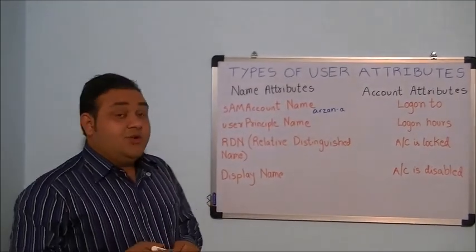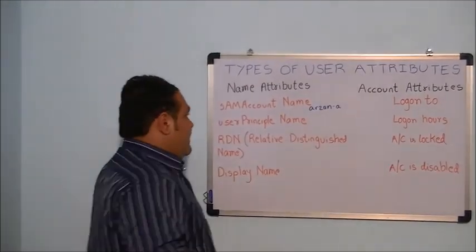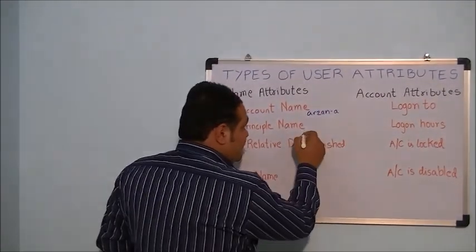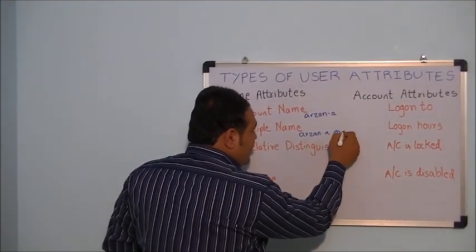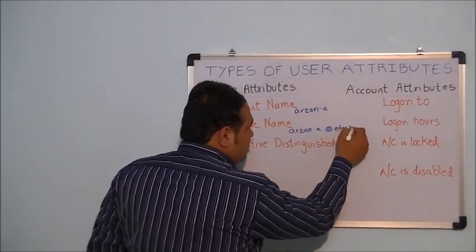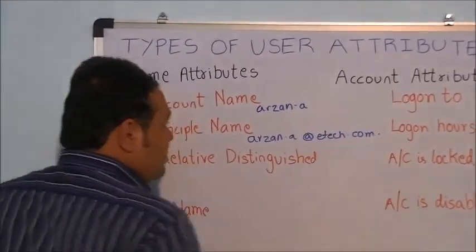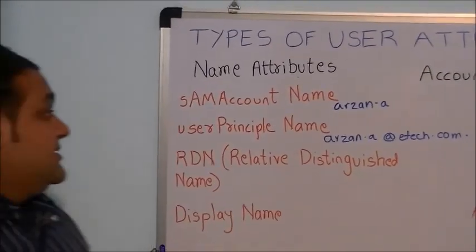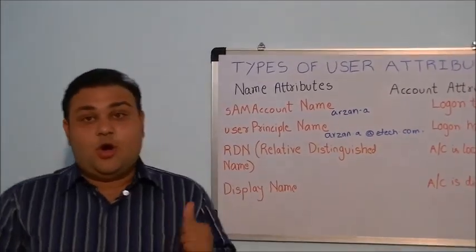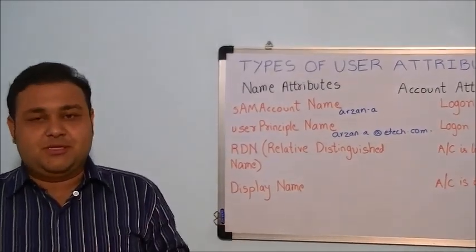So if the name of the domain is etech, then the user principal name would be arzan.a@etech.com. Now in most organizations, this value becomes the email ID of the particular user.